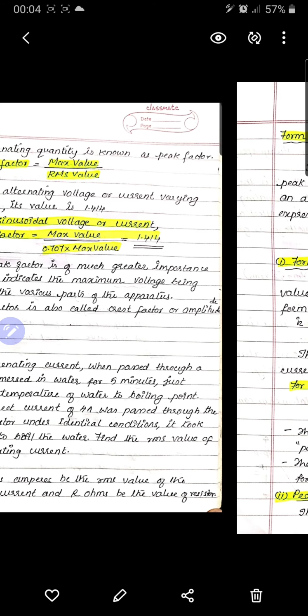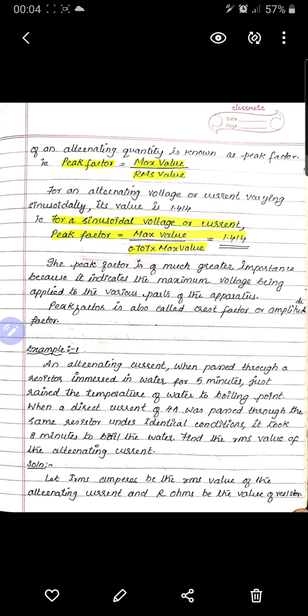It is the ratio of maximum value to the RMS value. For a sinusoidal waveform, the maximum value is Vm or Im depending upon voltage or current. RMS value is Im by root 2 or Vm by root 2, or maximum value into 0.707. Therefore, it is 1.414.